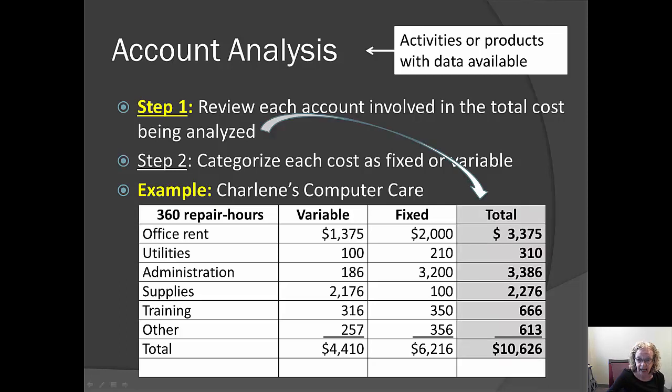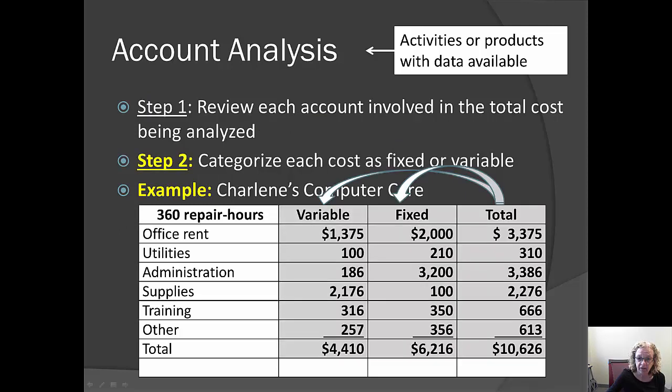We already had in our accounting records our total costs for various categories: office rent, supplies, training, whatever. Now we need to think to ourselves what portion of each of those costs could be considered either variable or fixed, so that we use up 100% of the total costs either in the fixed or variable category.